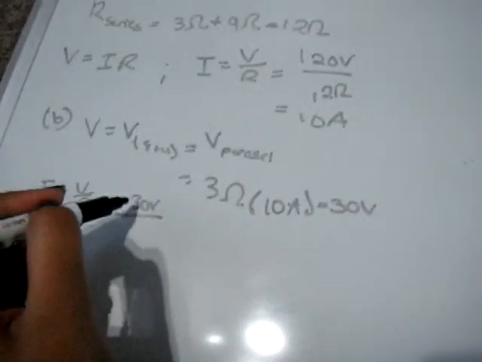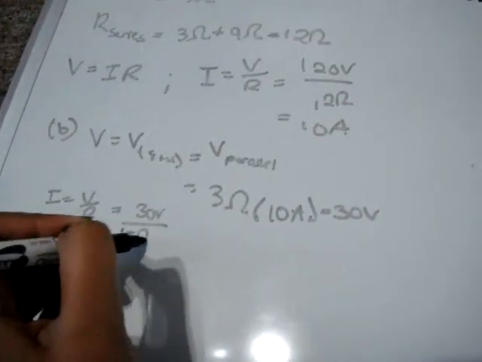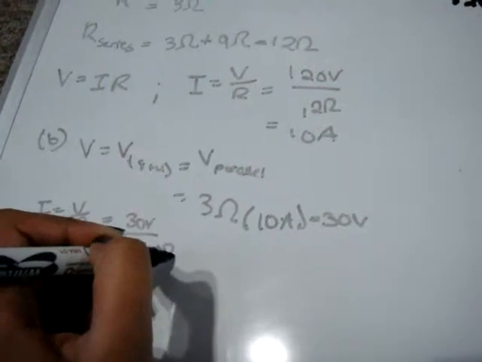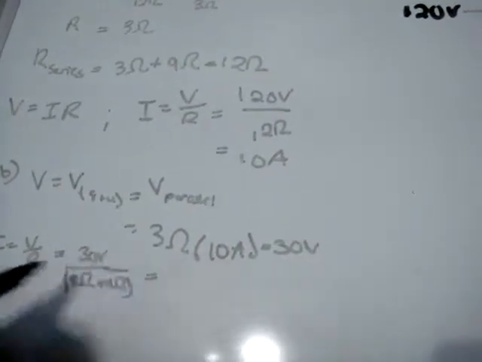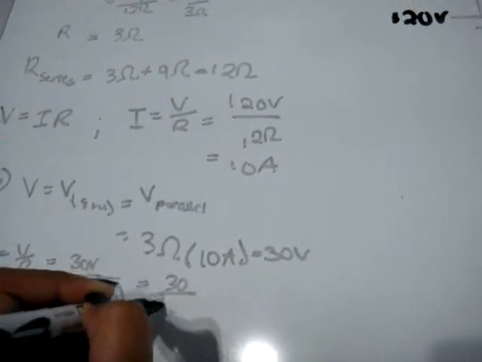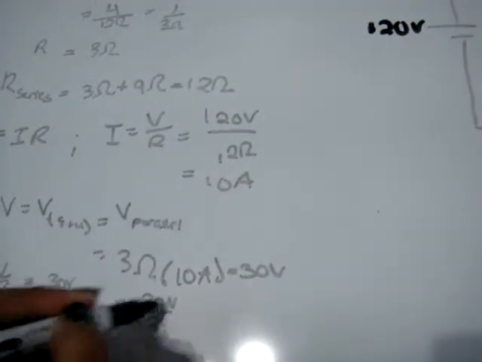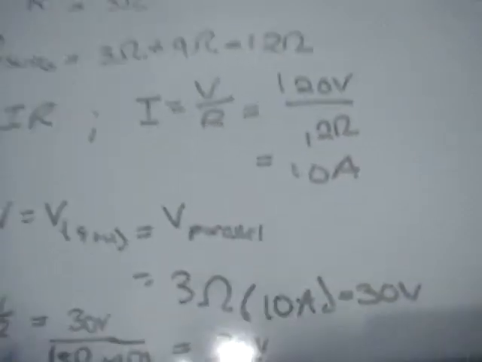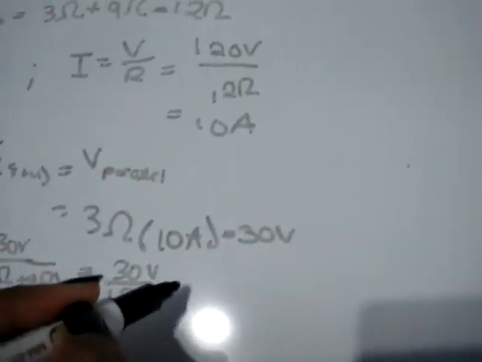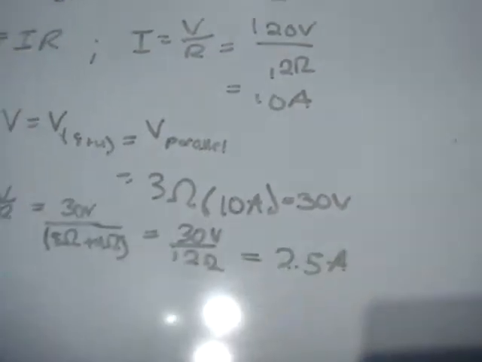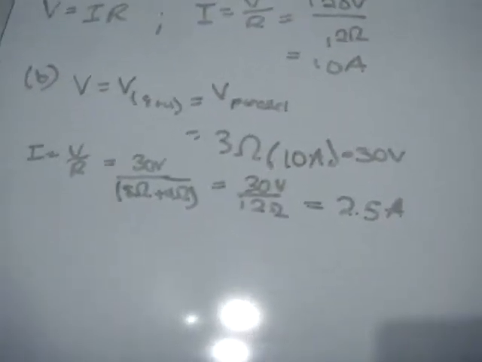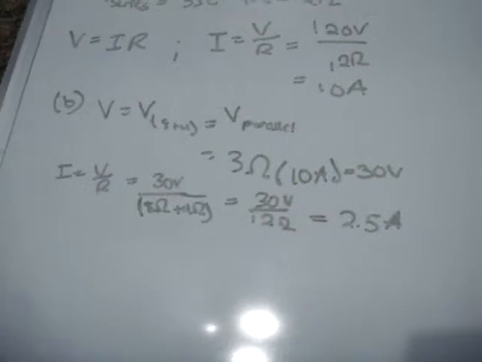So I have 30 volts over 8 ohms plus 4 ohms, because they're in series we can just add, we don't have to reciprocate. That's going to be 30 volts over 12 ohms, which gives us 2.5 amps. So that's the current in that resistor.